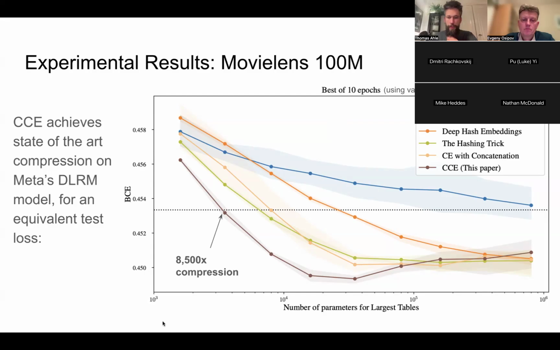Here we got the number of parameters in the tables on the x-axis, right? So then we could just see, depending on what loss we wanted, clearly we didn't want to go more than around 10 to the 4. But if we wanted smaller, we just had to live with a worse loss. And in some sense, we weren't really trying to get a better model. We were just trying to match what was already there, so we were really just looking for this intersection point with the dotted line.